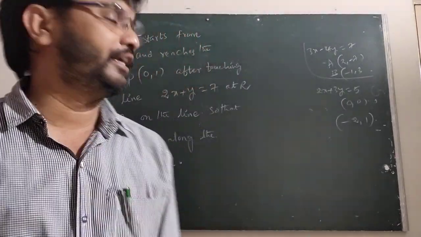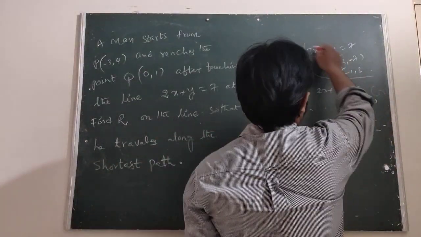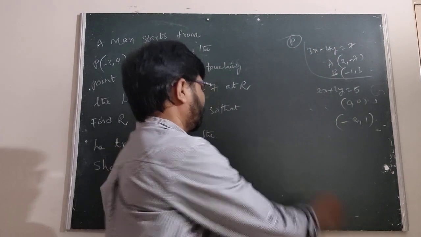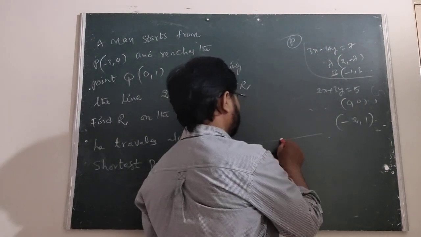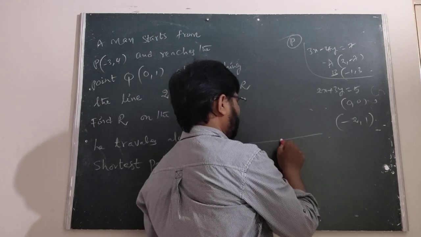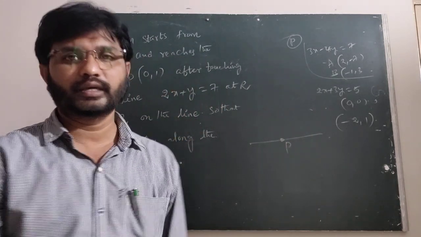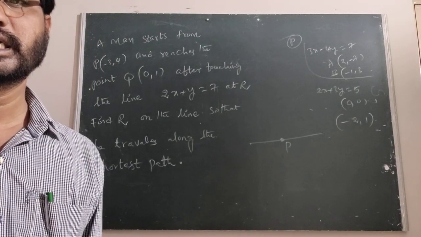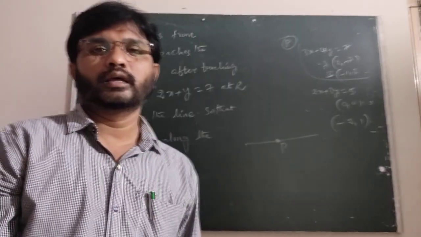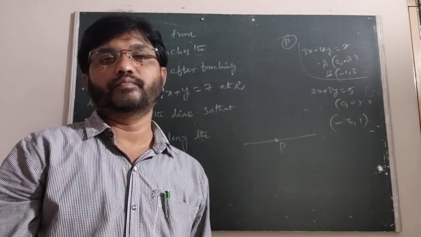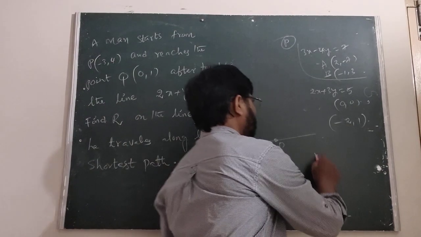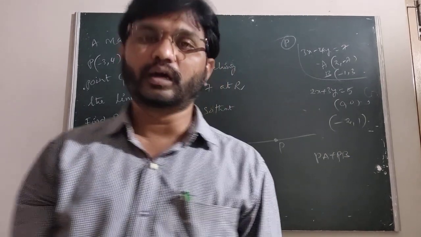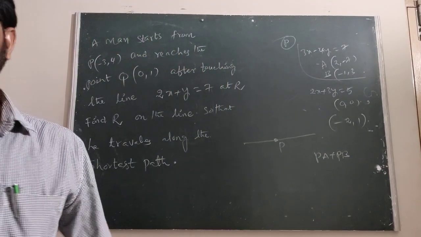If P is a point on the line, what is the minimum distance of PA plus PB? Are you clear here? What is the question?